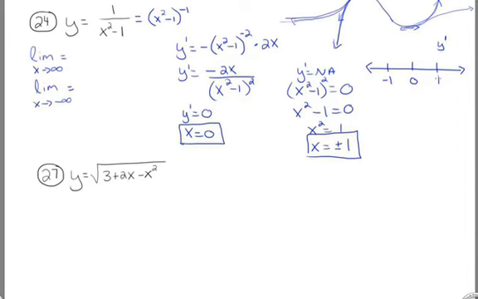So plugging in a value bigger than 1 into my derivative, I get a negative on top. On the bottom I have something squared, which is always going to be positive. So I have a negative divided by a positive, so I know I'm negative out here. Between 0 and 1, a number like, say, a half or 0.1, on top, again, I have a negative number.